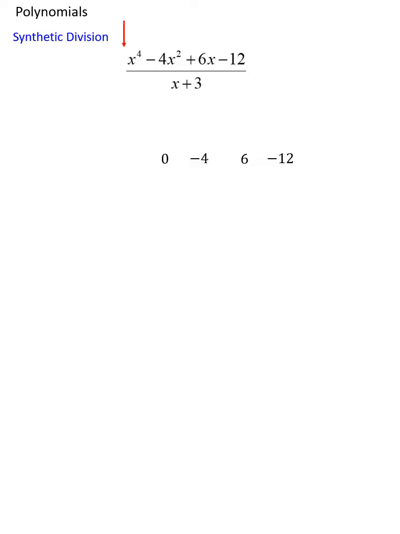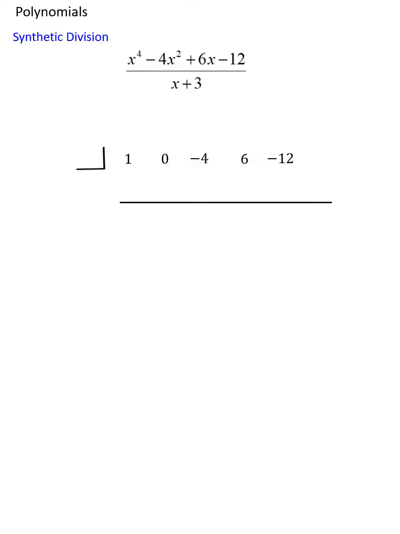And finally, the coefficient in front of this x to the 4th, which is blank, is considered a 1 for algebra purposes. So the discovery was this. You can take the coefficients out of the numerator, leave the variables aside, and set up the process that will lead us to the answer.